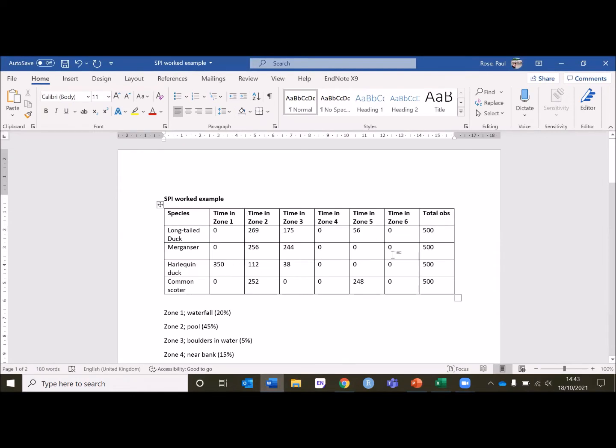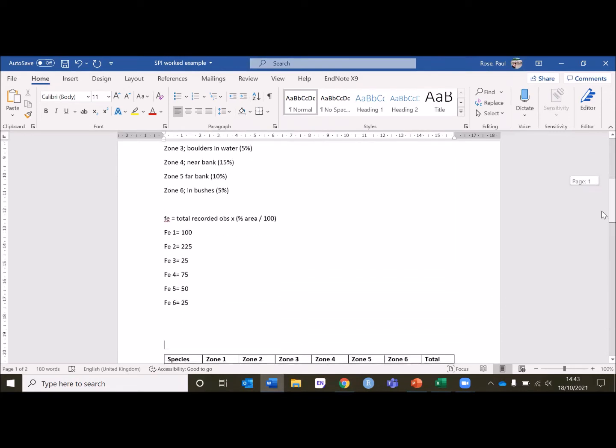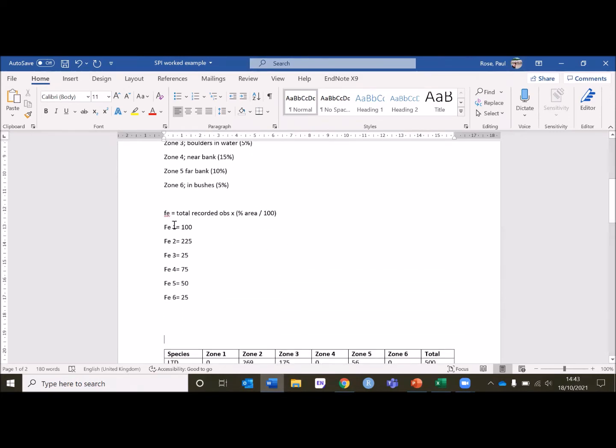Here you can see our observed data and our total observation time. And underneath, we have our areas with their estimated percentages of the total. Here is the formula. Each of these is the expected frequency for each zone.